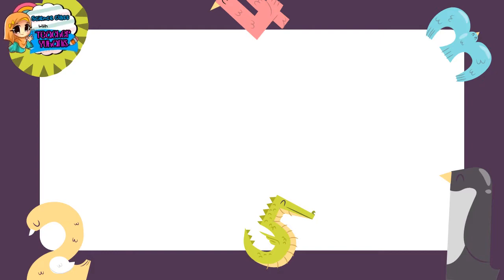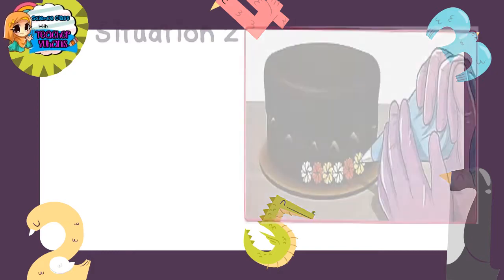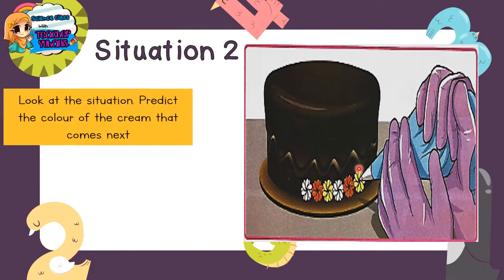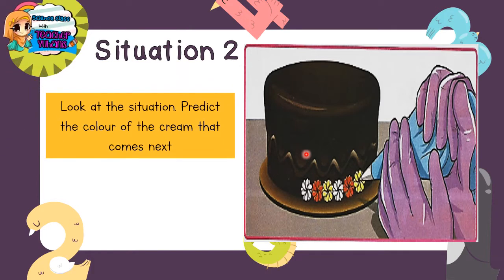Let's move on to situation 2. Well, as you can see, the cake is decorated by colorful creams. Look at the situation. Predict the color of the cream that comes next. Can you predict the colors that comes next?